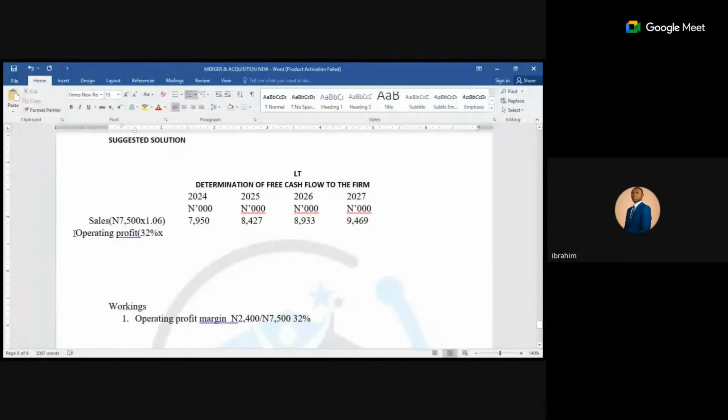How do we get operating profits? The operating profit margin is your operating profit divided by sales. We give you the profit margin. Then profit margin of what? Margin is of sales. And this 32% is not expected to change.